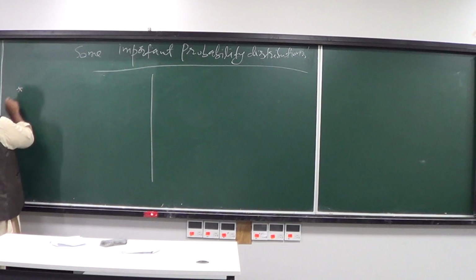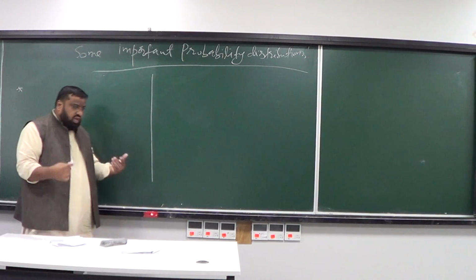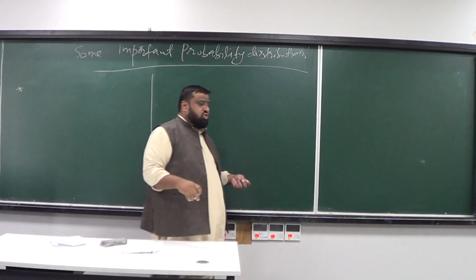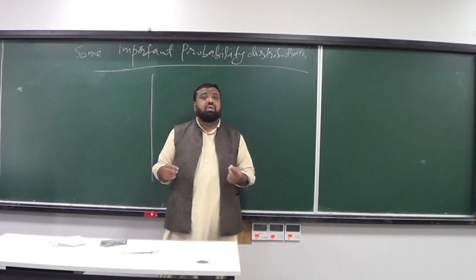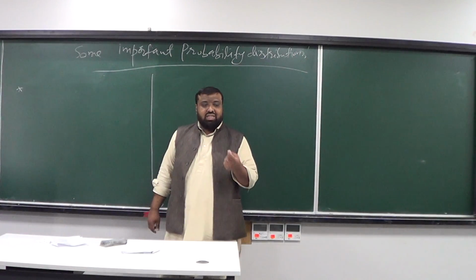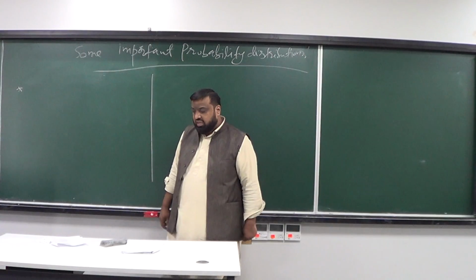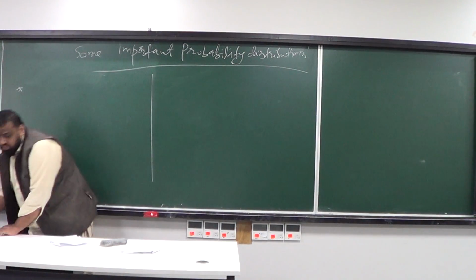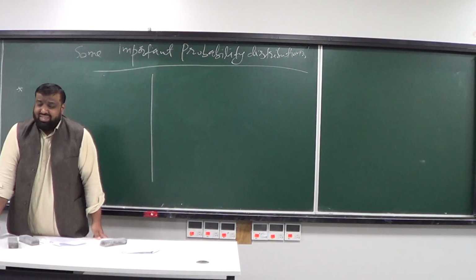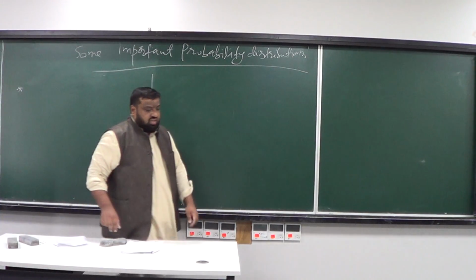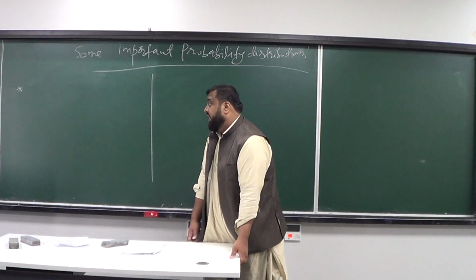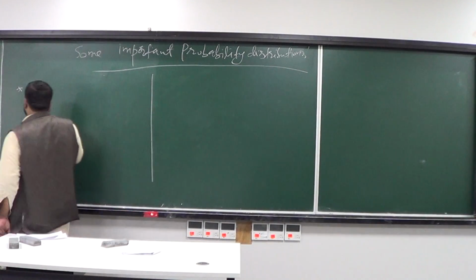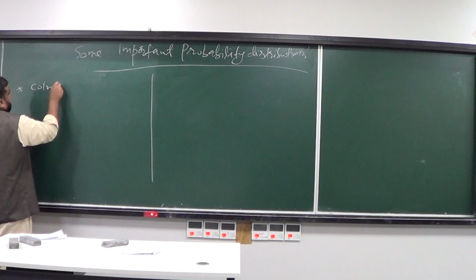So consider a situation or an experiment in which there are only two possible outcomes actually. So such kind of situations can model what? Okay, they can model say a coin flip.